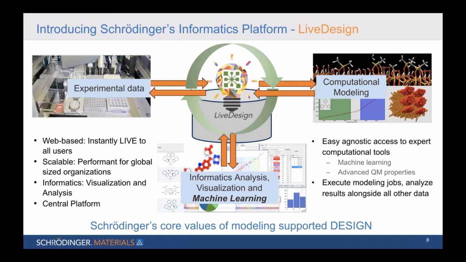These tasks can include machine learning models or simulation, QM property calculations, and so on. By bringing all data into a central place, this LiveDesign platform is really our core to support material design, drug discovery, any advanced computational chemistry needs, and to satisfy customer digitization needs.